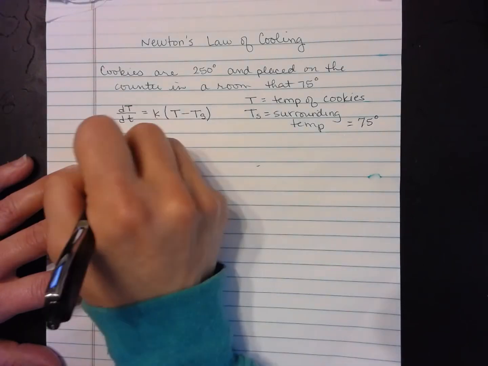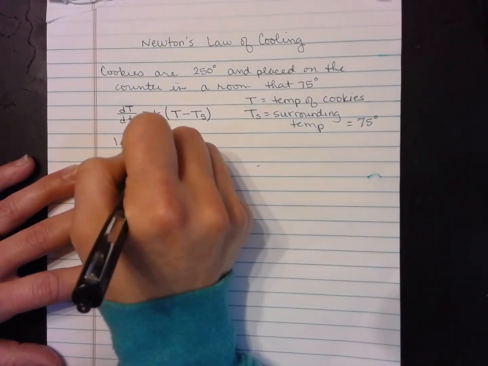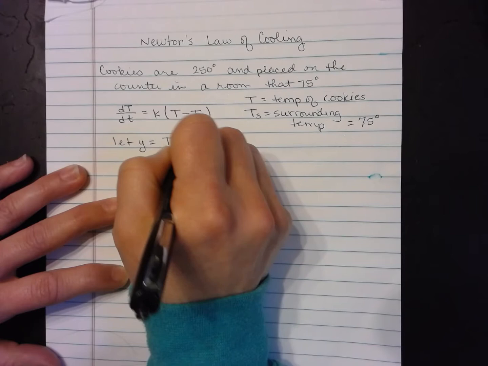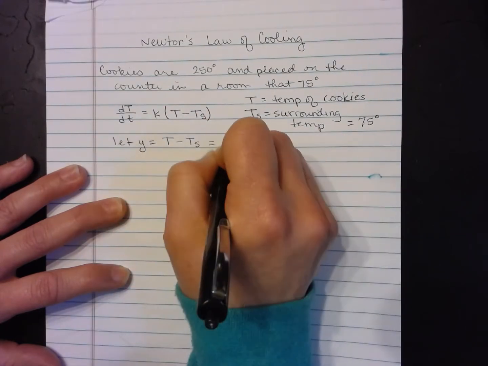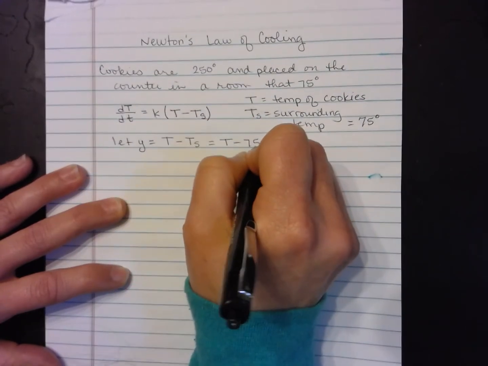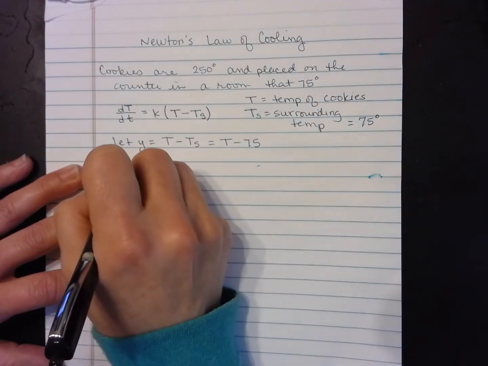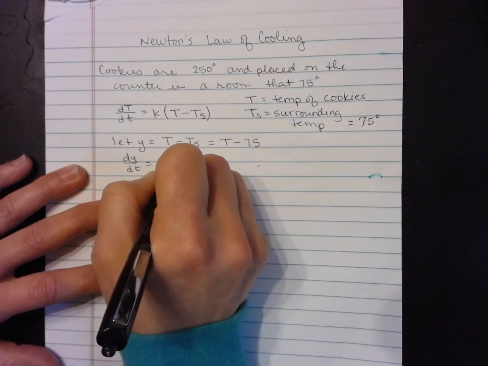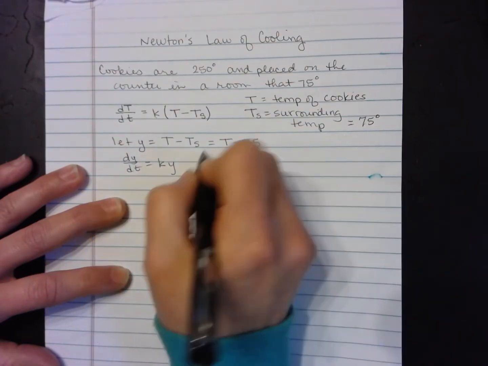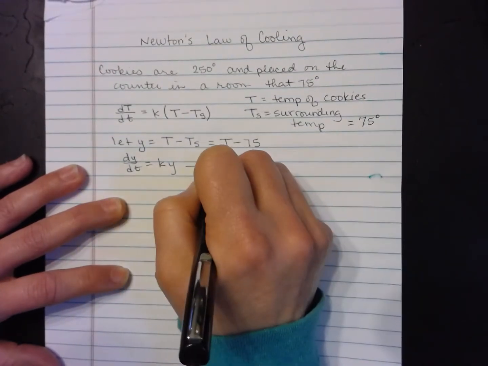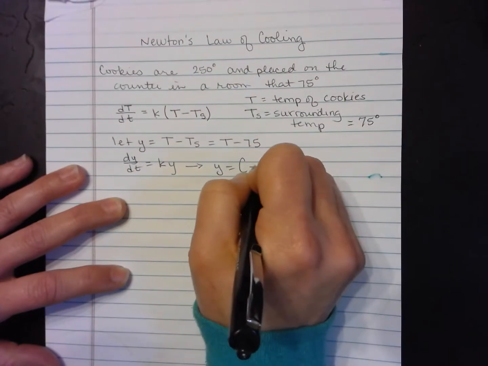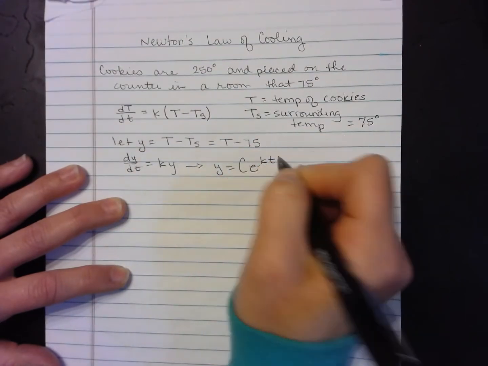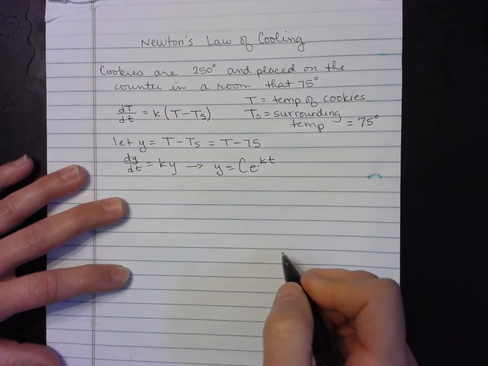Now this doesn't look exactly like the formulas that we were using before, but we do know it's proportional. So we're going to let y equal this difference in temperature. Then our formula is going to become dy/dt equals ky. And now it looks exactly like an exponential growth problem. So we know our formula looks like this.